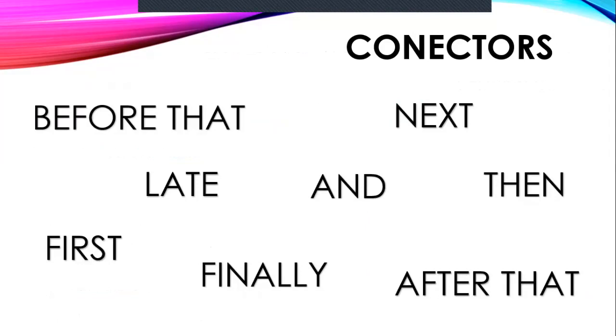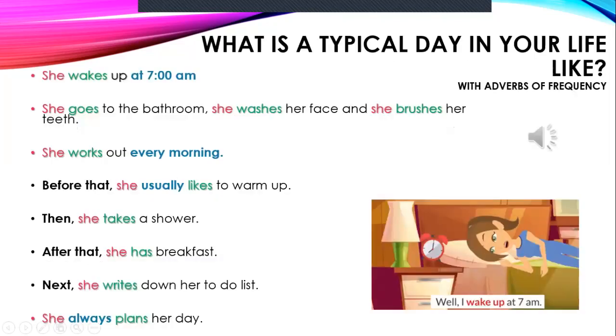But here we have, for example, then, next, finally, first, later, okay? You can use them to make the phrase sound better, okay? But the important thing is that you learn how to create the phrase, by using first the person, then the adverbs of frequency and the verb after the person, okay?